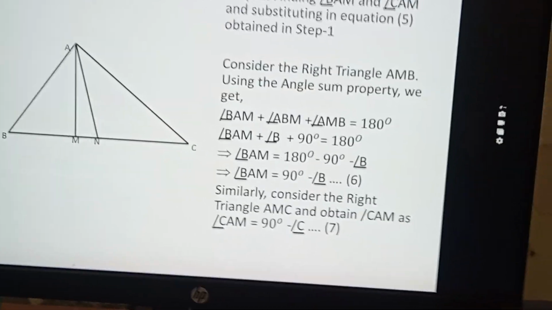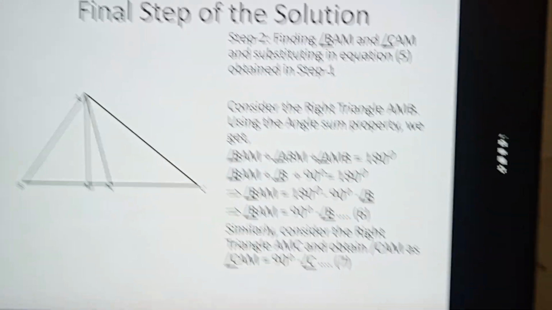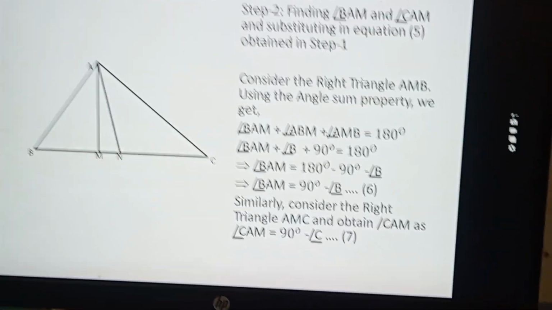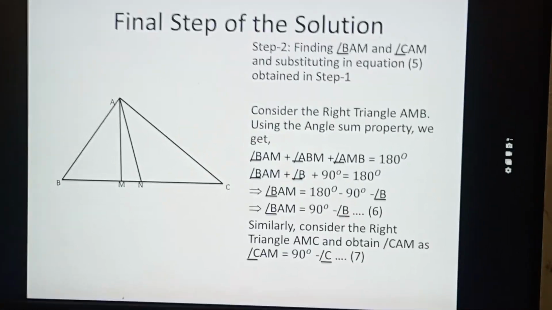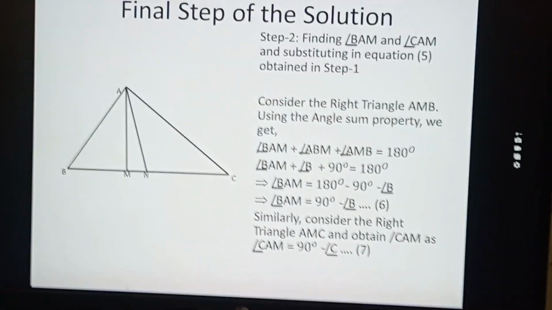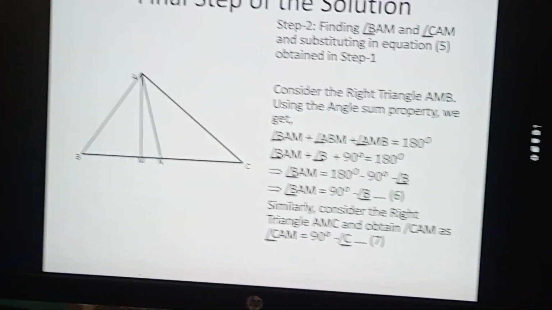What we are doing here is finding angle BAM and angle CAM. So what happens here? Will you be able to figure it out? Angle BAM becomes 90 degrees minus angle B.